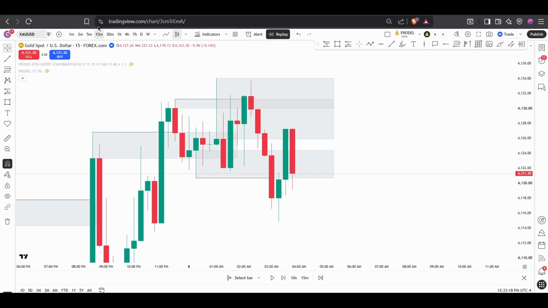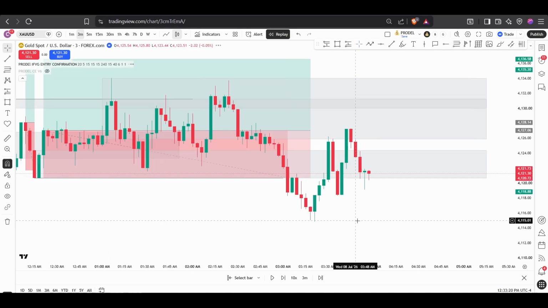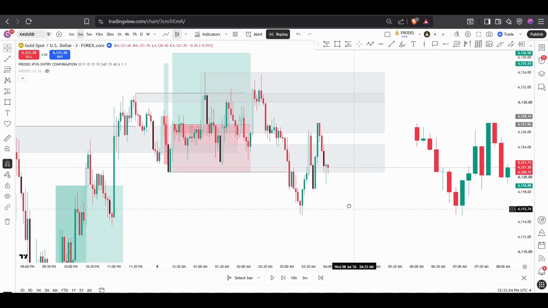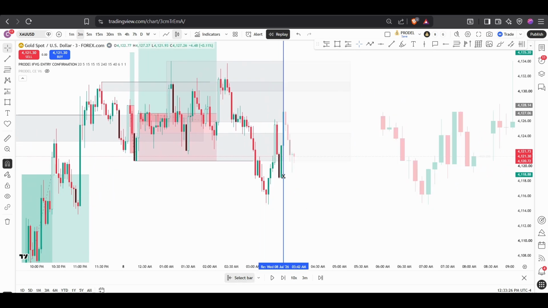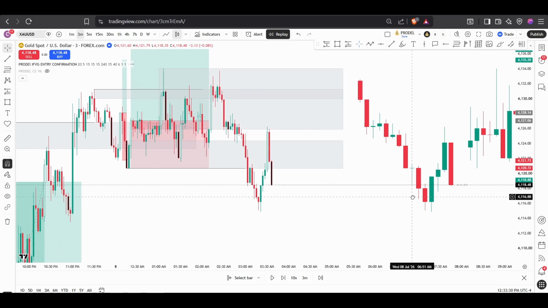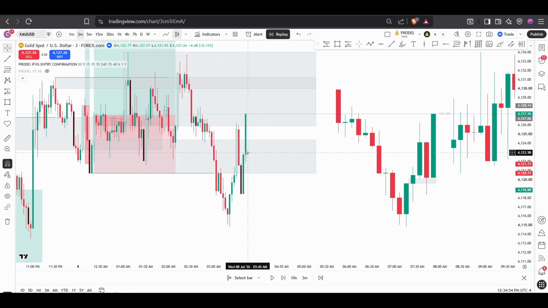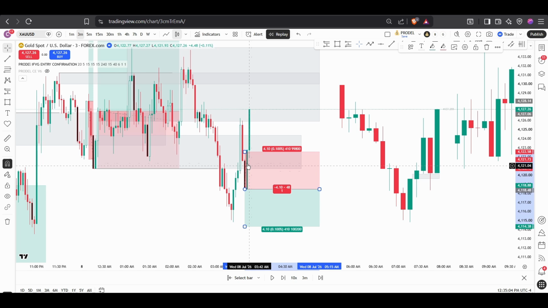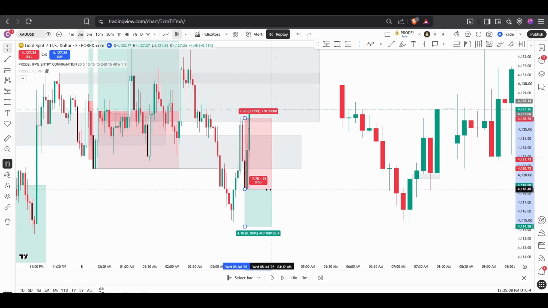You can see there is a retracement to the zone, and there is something important I should explain. When the market retests into our support become resistance area, it formed the inverse fair value gap here, and this can be our trade.